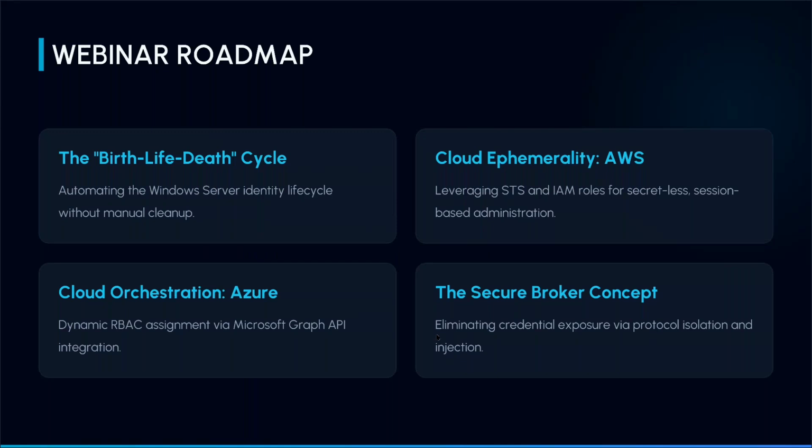And also on Azure, we have some dynamic RBAC assignment through Microsoft Graph API integration. So how can we achieve that? There are many others, SAML and others, but today we will pick AWS and Azure as examples.